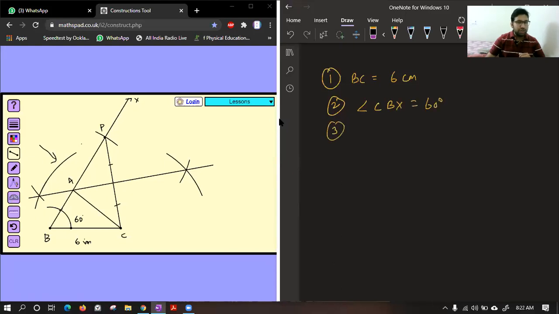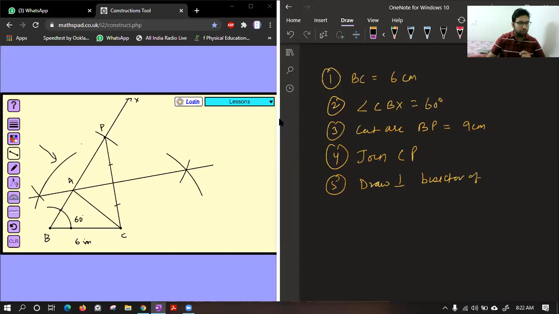Third step, we have taken an arc cutting BP equal to 9 centimeter. Fourth step we have done, join. Yes class, what is the fourth step? Join CP. Fifth step is draw the perpendicular bisector of CP.